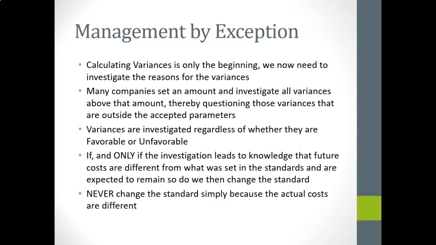And so oftentimes a company will set an amount, like a threshold amount, and they'll investigate all the variance above that amount. And they question those variances that are outside those accepted parameters. Variances are investigated regardless of whether they are favorable or unfavorable. Just like we talked about in the previous video, we had a favorable direct materials cost variance because we paid less for paraffin than what we thought we would have to.